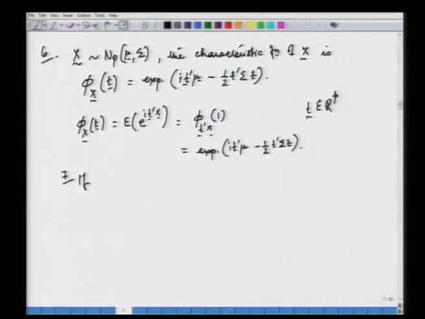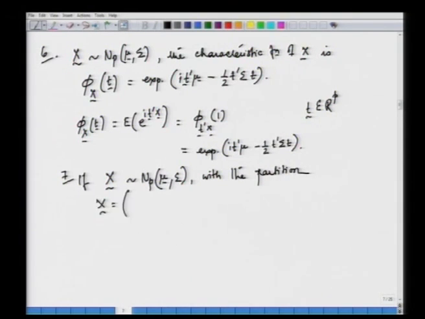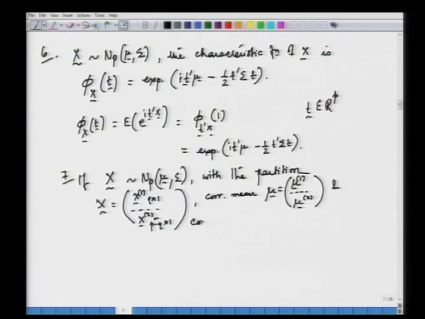So, the result states that if X is multivariate normal with mu and sigma, with the partition X, where the first component is a q-dimensional subvector and the second component is the residual p minus q part, with corresponding mean vector mu similarly partitioned into mu 1 and mu 2, and covariance matrix sigma, now comprising block matrices, 4 such blocks.